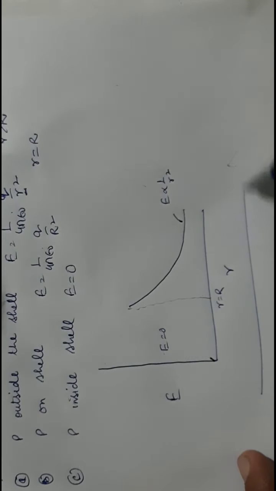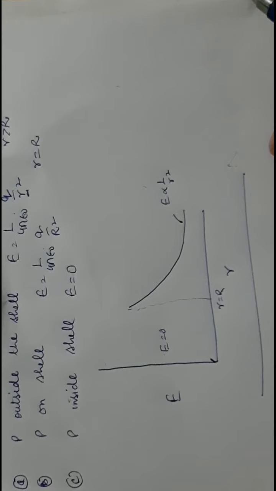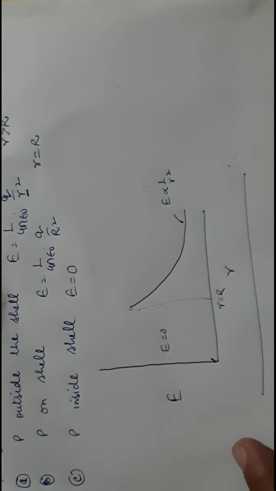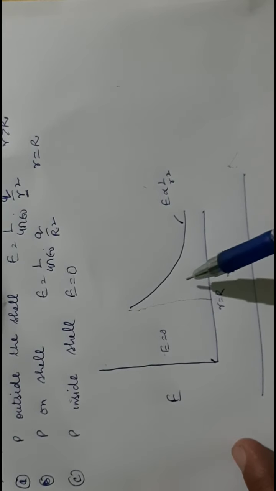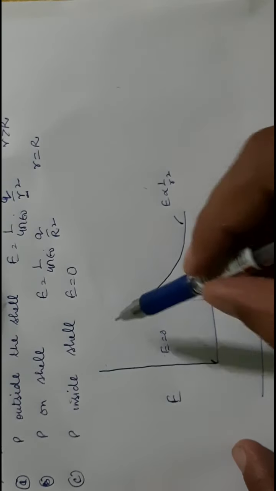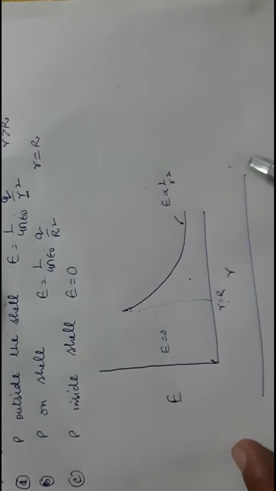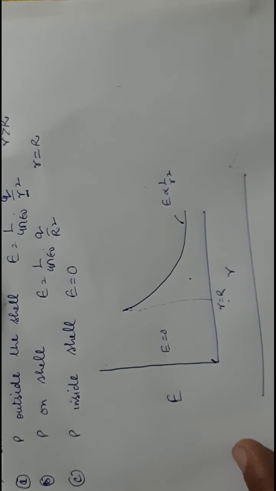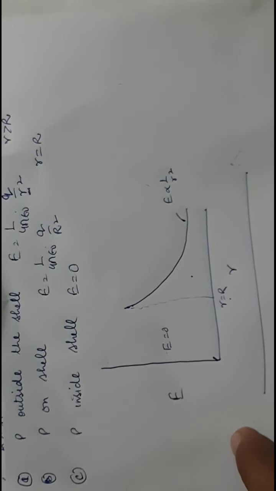So this graphical representation makes us understand that the electric field inside a spherical shell is 0, and outside or on the surface the electric field is maximum and keeps on decreasing with distance. Thank you.